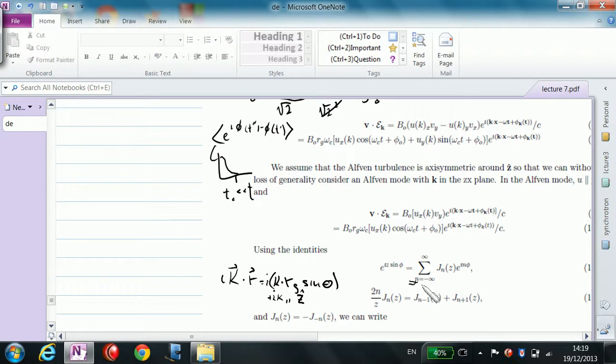And then you can expand this. z is really just a dummy variable here, but it should be k r_g in our particular case.